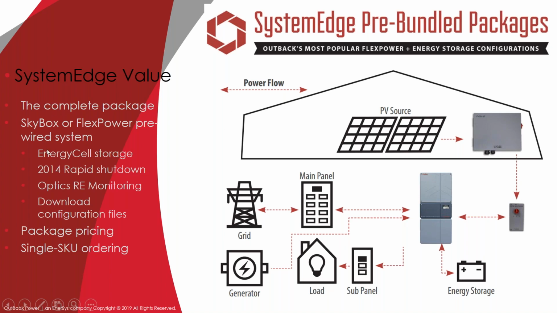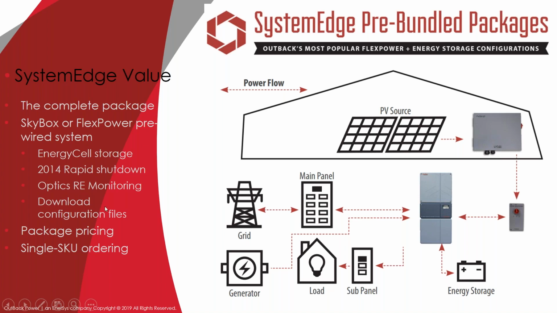Okay, so again, if we look at the bullets over here on the left, we've got the EnergyCell batteries from Outback. Rapid shutdown comes with the OpticsRE monitoring for free. It's a very nice monitoring and control system that we have.